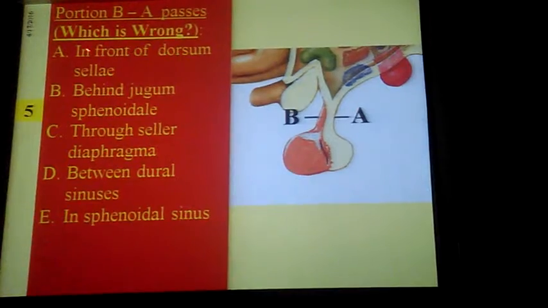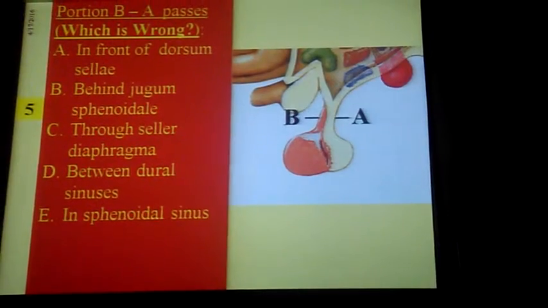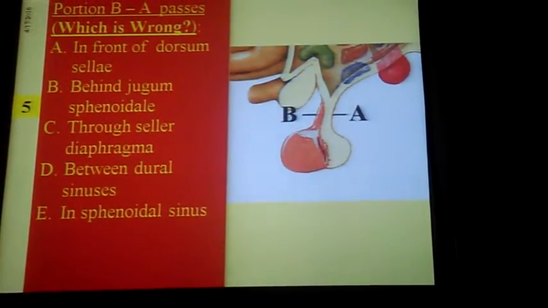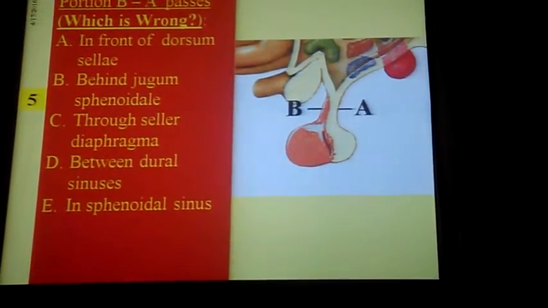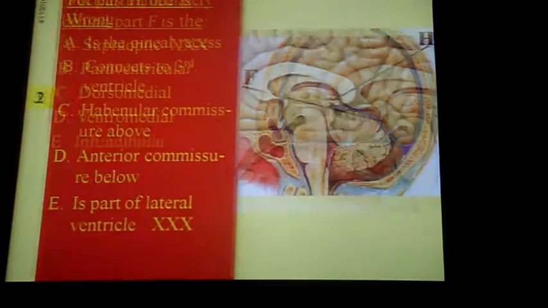What does AB pass? First, in front of the dorsum sellae. We saw the base of the skull, and we saw the pituitary gland in the middle, the jugum sphenoidale in front, and the dorsum sellae at the back. If we go back to the first slide so that students can follow: here this is the pituitary gland, this is the jugum sphenoidale, and this is the dorsum sellae.